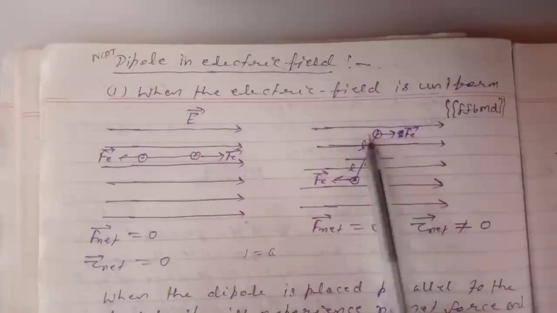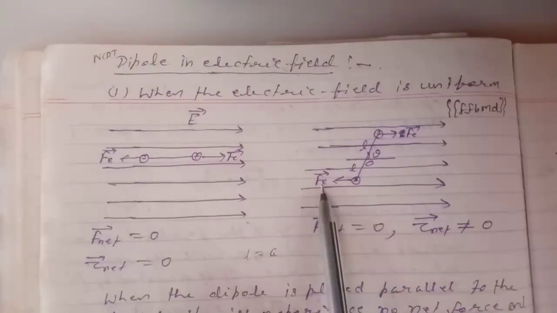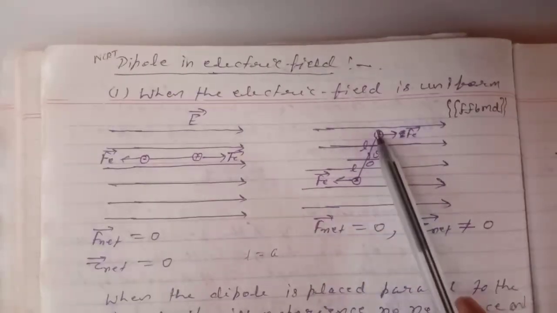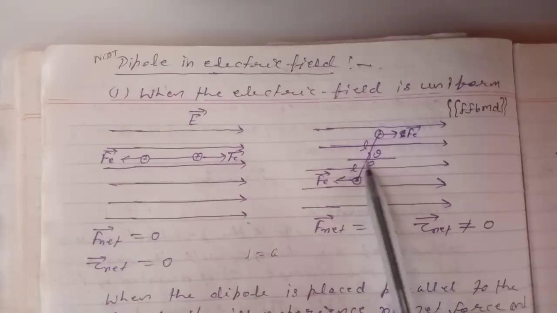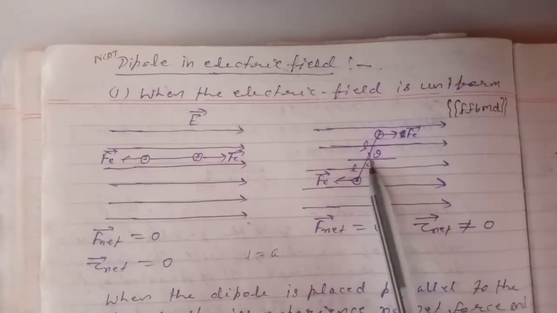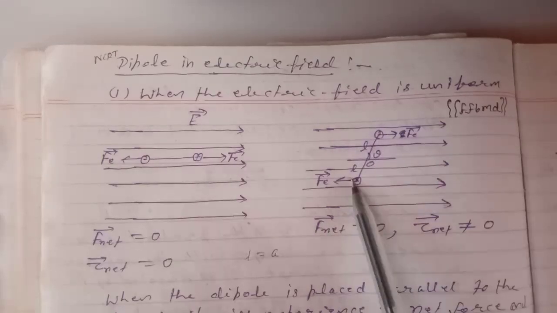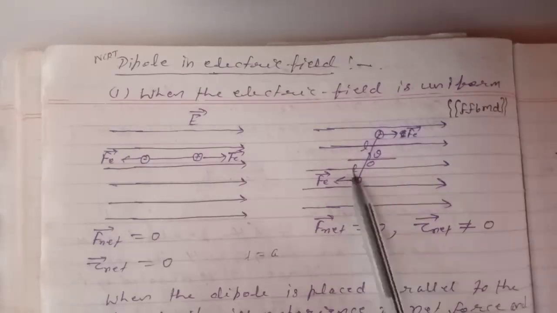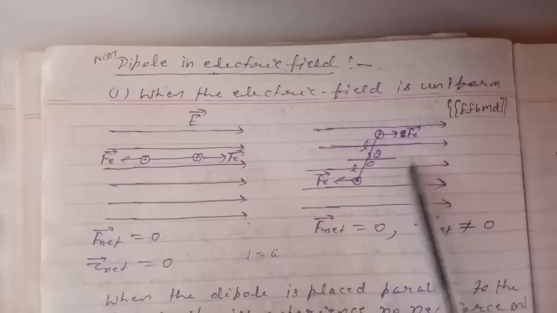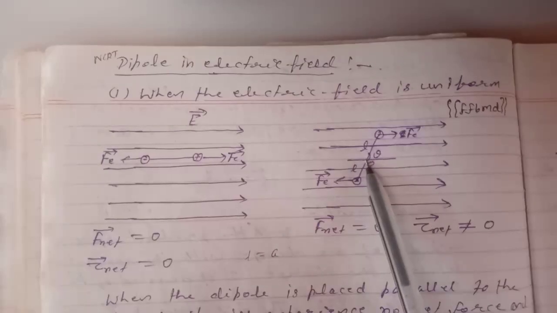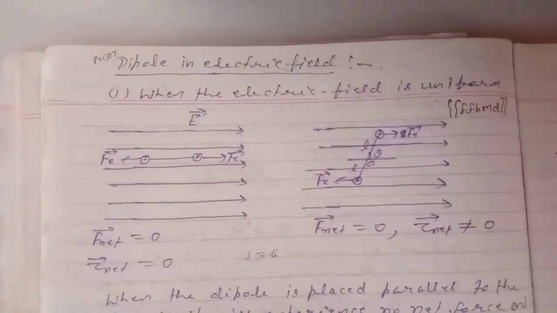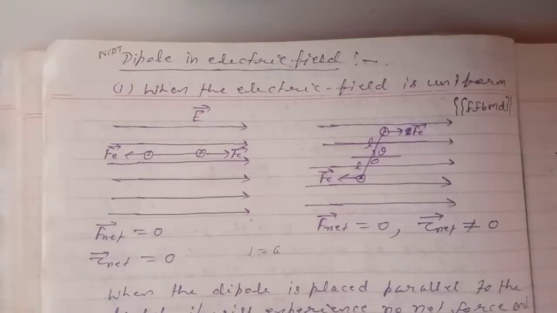The force on the positive charge will be in this direction, and the force on the negative charge in the opposite direction. The distance between them is 2L, and we are taking the midpoint at O. So this distance will be L, and this angle is theta. Here the net force is again 0, but the net torque will not be equal to 0, because there will be a torque about O. So torque will not be equal to 0.